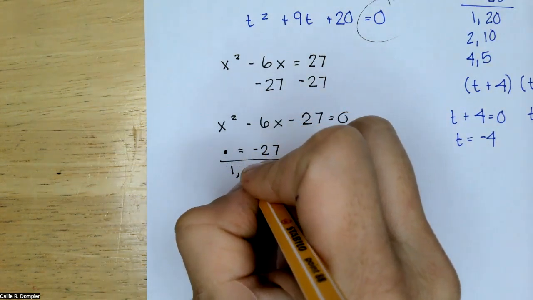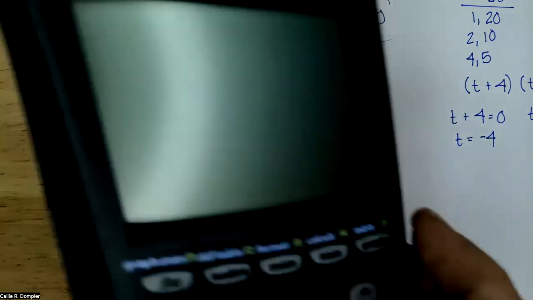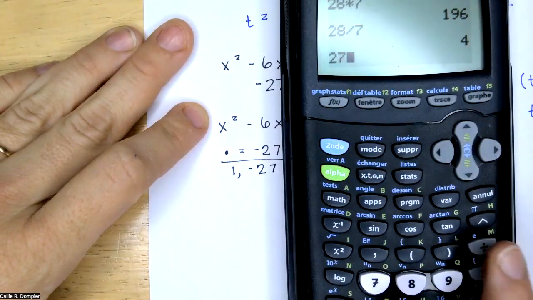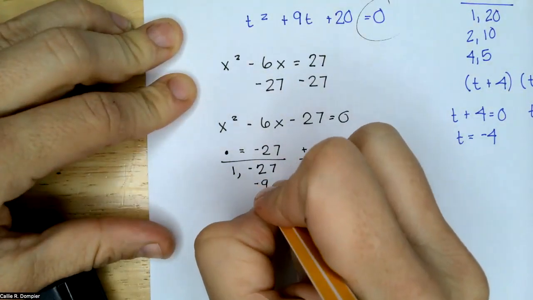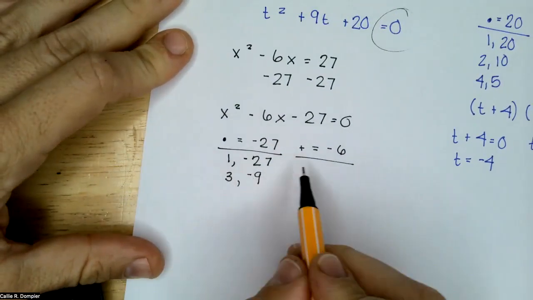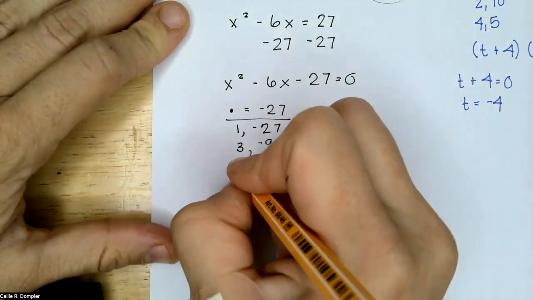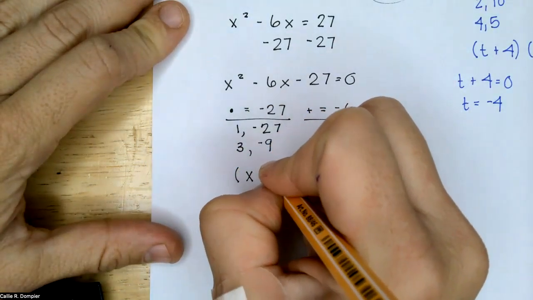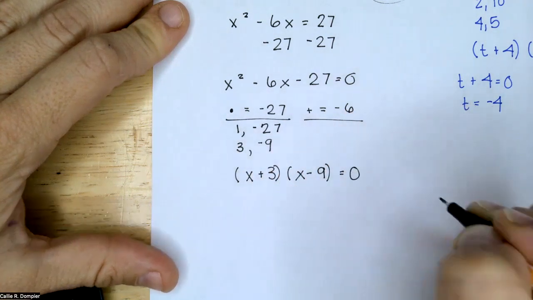So I'm going to say positive 1, negative 27, right? 27, I can't divide it by 2 because it's not even. 27 divided by 3 is 9. So I can call it negative 9, positive 3, right? Negative 9 plus 3 is negative 6. Negative 9 times 3 is negative 27. So this is x plus 3 times x minus 9 equals 0.